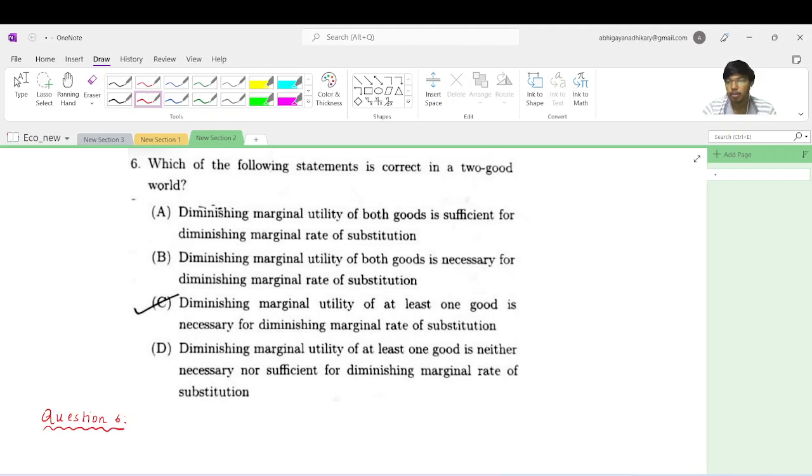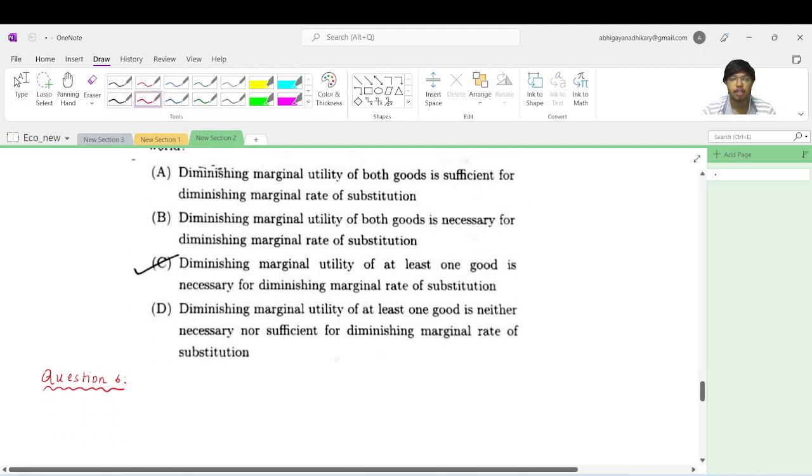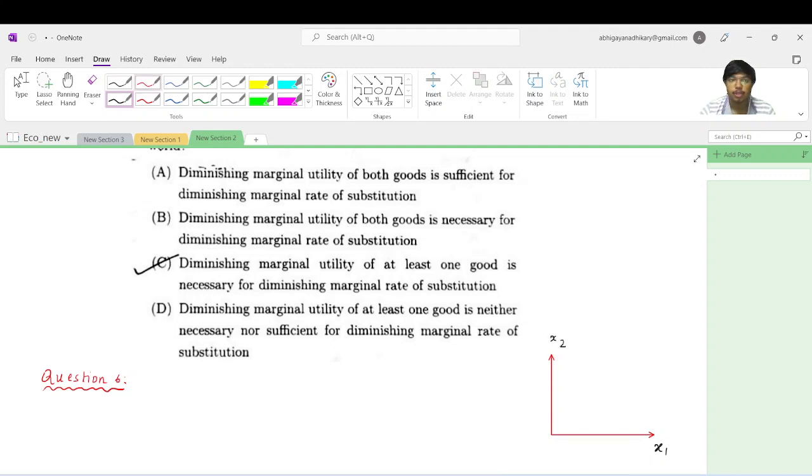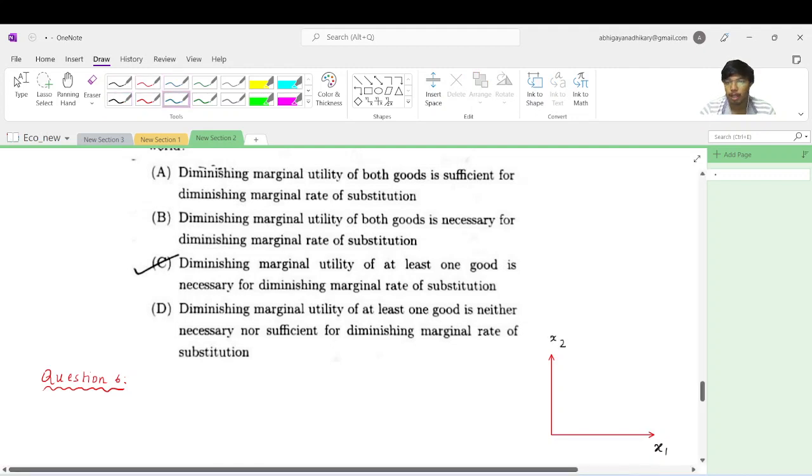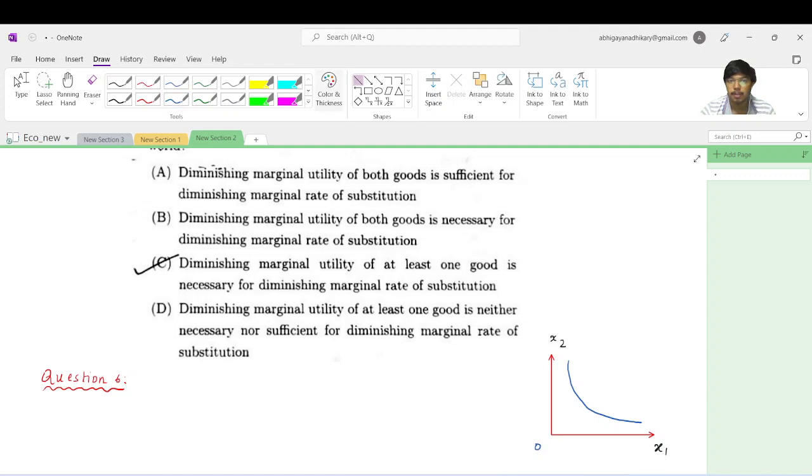If you remember our basic diagram that we used to draw for our two good framework, it was something like this, right? Let's say the two goods are x1 and x2. So this is x1, this is x2. My indifference curves used to look something like this. And what does diminishing MRS mean?